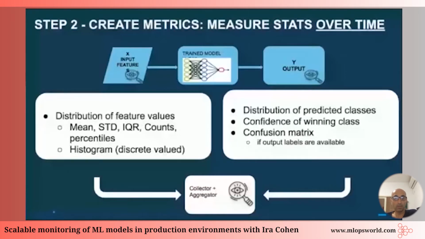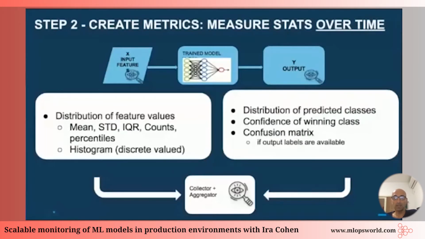But the distribution of the predicted classes should more or less be stable if the input coming in is also randomly distributed from all the possible inputs. What we found is also very useful is looking at the confidence, the probability of the winning class, so how confident the classifier was at the winning class. Because usually that should be steady for each class.